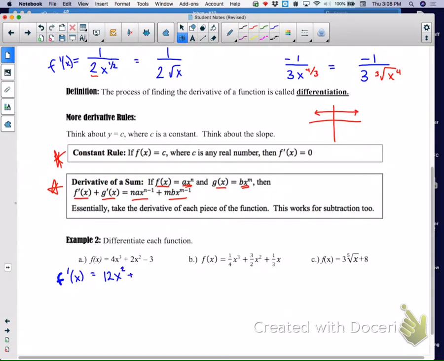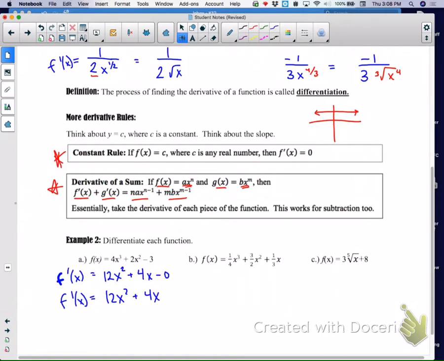Bring that 2 in front, multiply it times the 2 that's already there. Bring the power down. You can write 1 if you want to, but there's no reason to. And then at the end, 0. That's the derivative of 3. Now, there's no reason to write that, but I just wanted to make sure you knew why I don't have the 3 in the next step. Okay, that's my answer. I don't need to see any work for that.